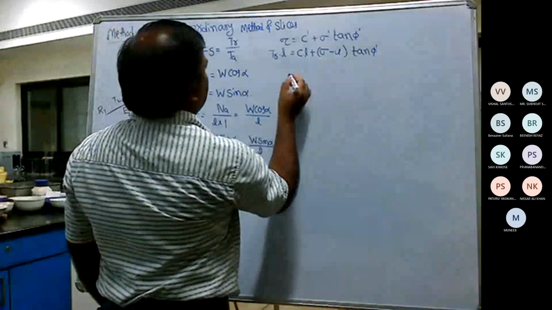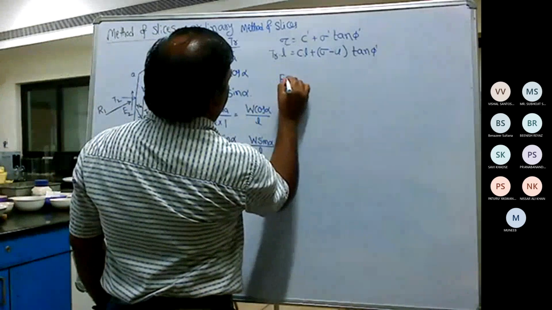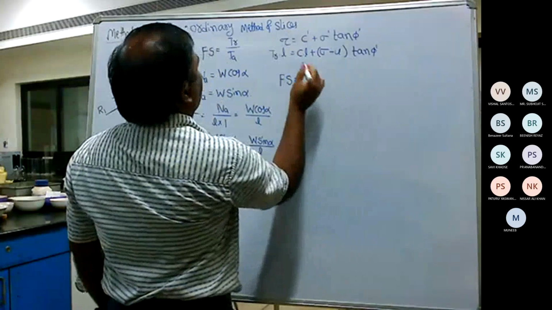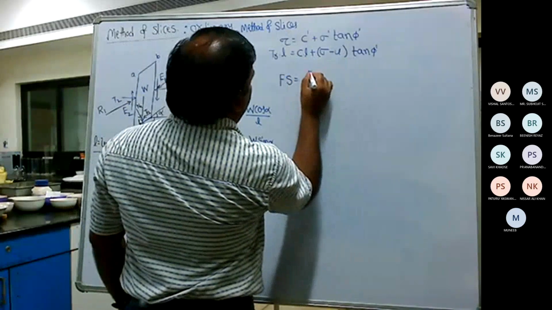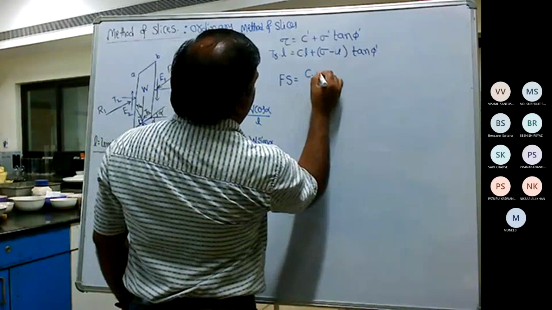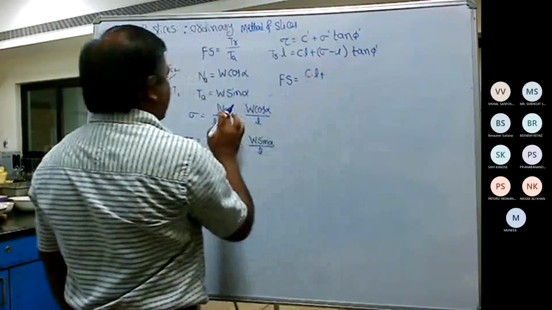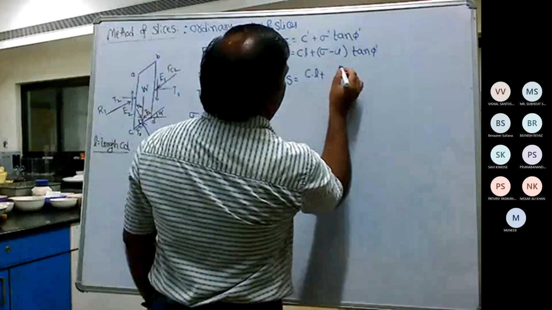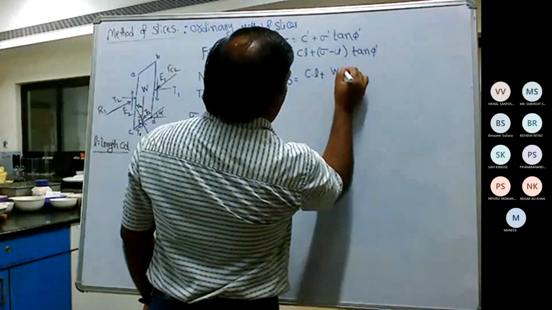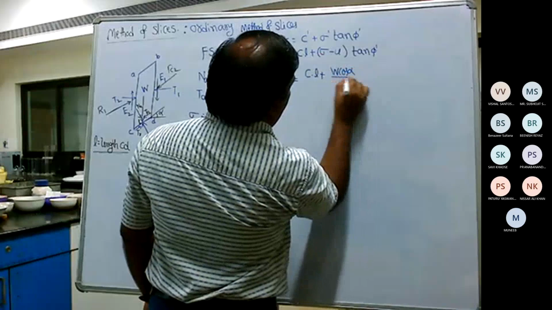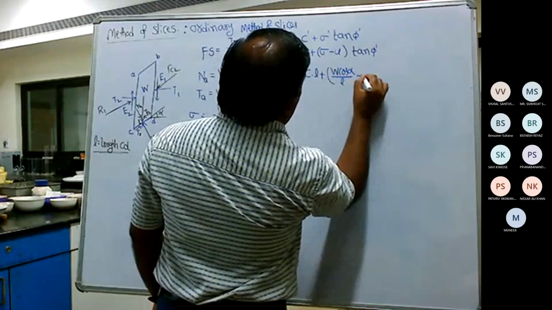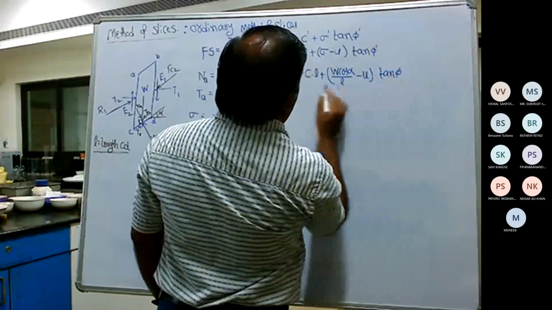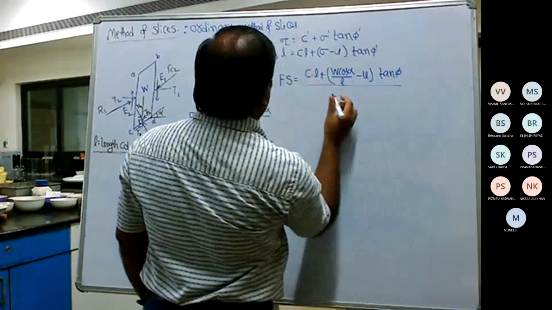If I substitute in the factor of safety equation, you will get TR into L, that is C into L plus, where sigma is W cos alpha by L, so W cos alpha divided by L minus U, into tan phi divided by TA.